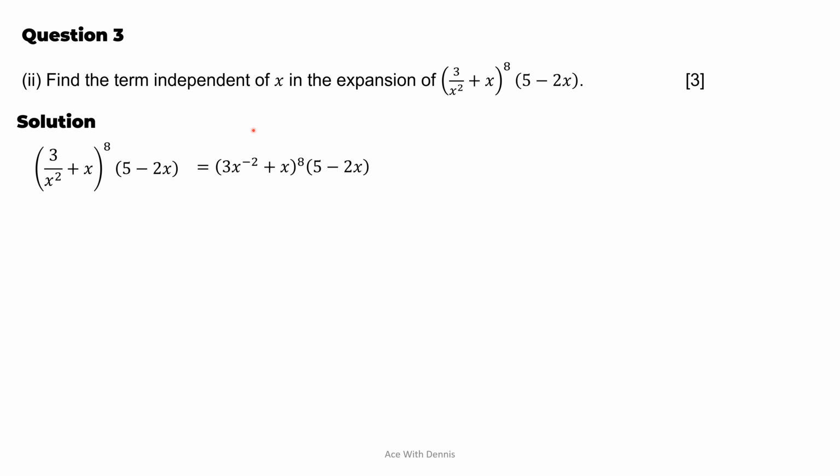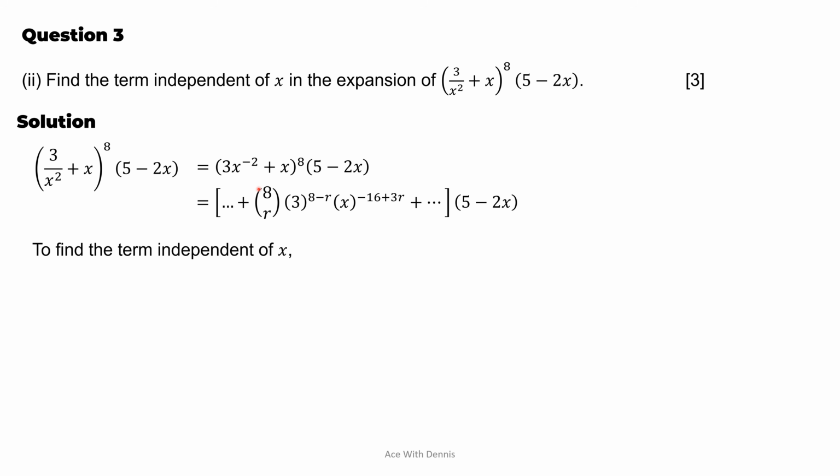In part 1, we know that when you expand this binomial expansion, we get the general term to be 8 choose r times 3 to the power 8 minus r times x to the power negative 16 plus 3r. And this whole thing times 5 minus 2x.